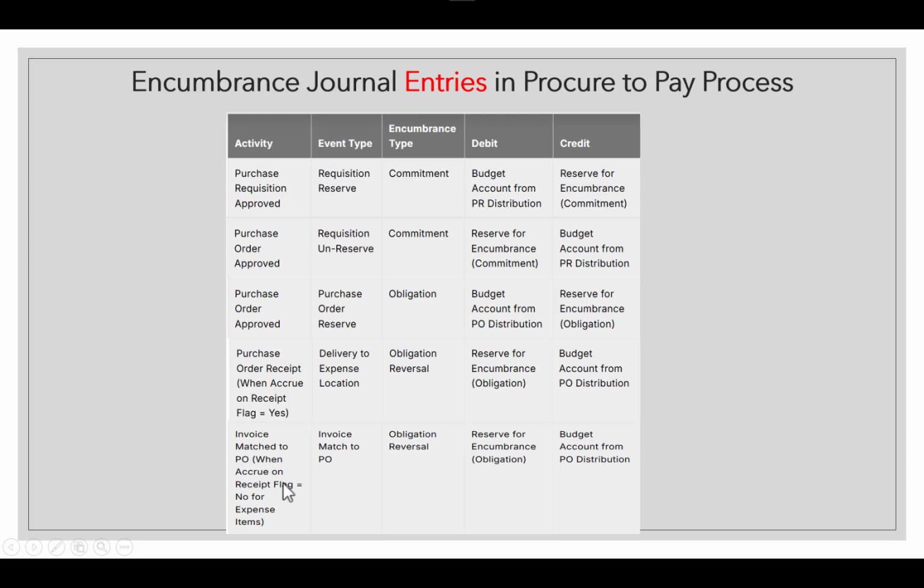For the invoice match to BO, when the accrual on receipts flag equals no for expense, here it equals yes, so for the invoice match to BO, again obligation reserve for encumbrance obligations, and the budget account from BO distributions will also be credited.